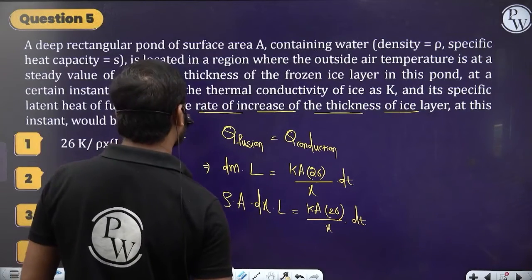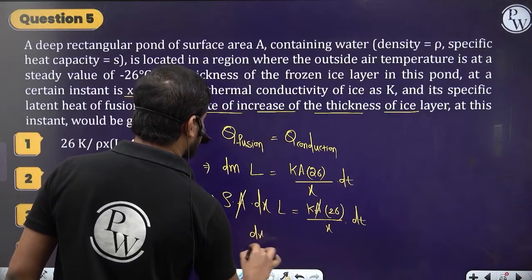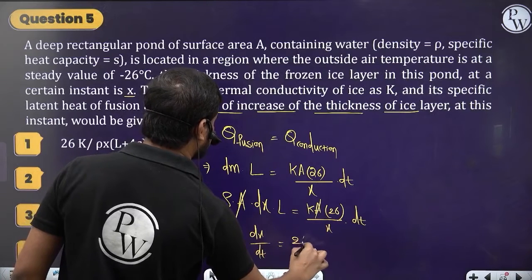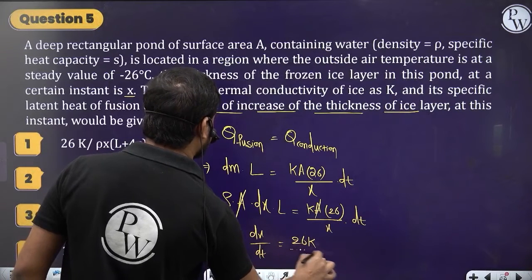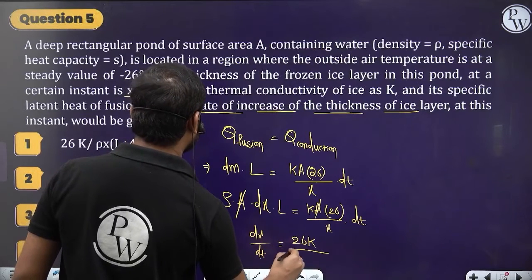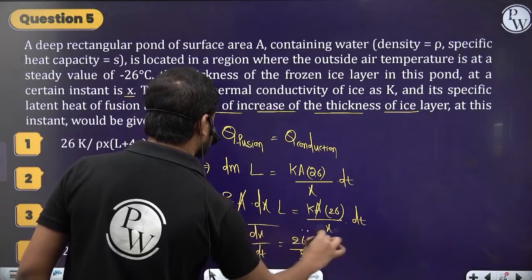Then what else can we cancel? K A cancels, so bring dx by dt to this side. In the numerator we have 26K, and the denominator becomes rho L x. So this is what they are asking.